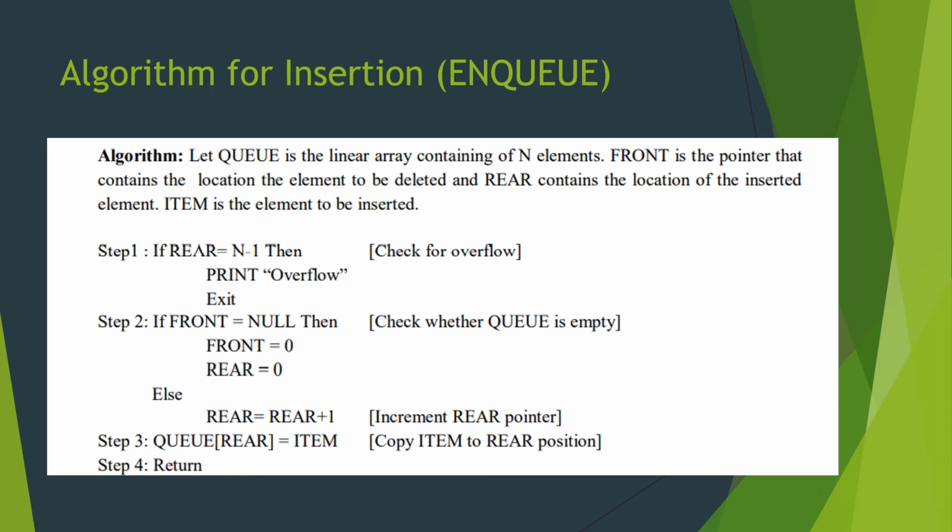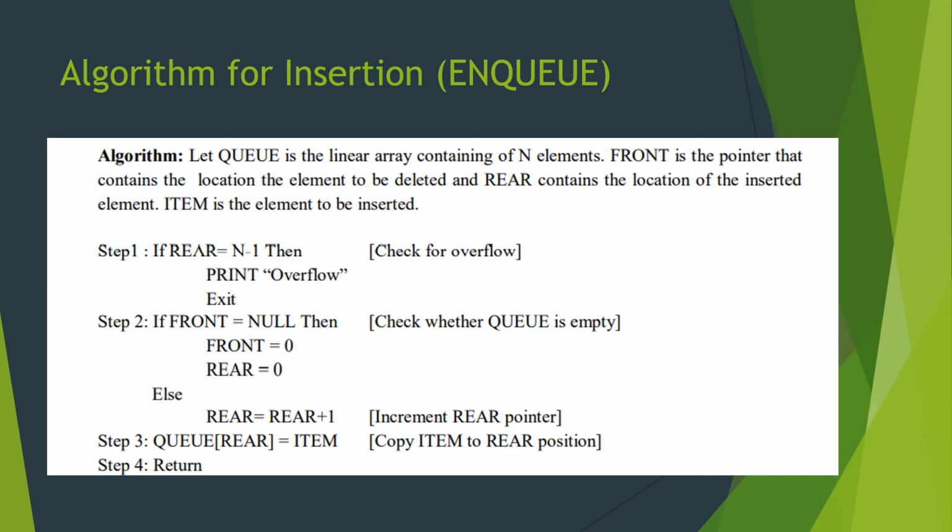The next step checks whether the queue is empty or not. If the front is equal to null, the queue is empty, so the front is equal to 0 and the rear is equal to 0. Or else increment the rear pointer, so that rear equals rear plus 1.